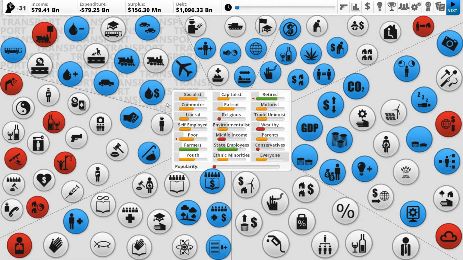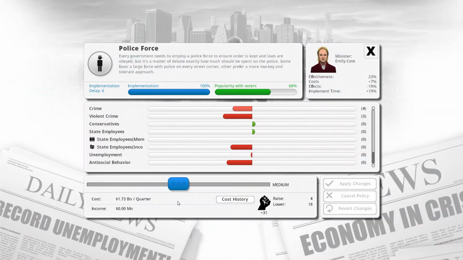It's not much, just a few million. Most of the stuff in this game deals with billions. So, but we can afford to put a bit more money into our police force, which will greatly reduce antisocial behavior, violent crime, and it's going to really please the conservatives.